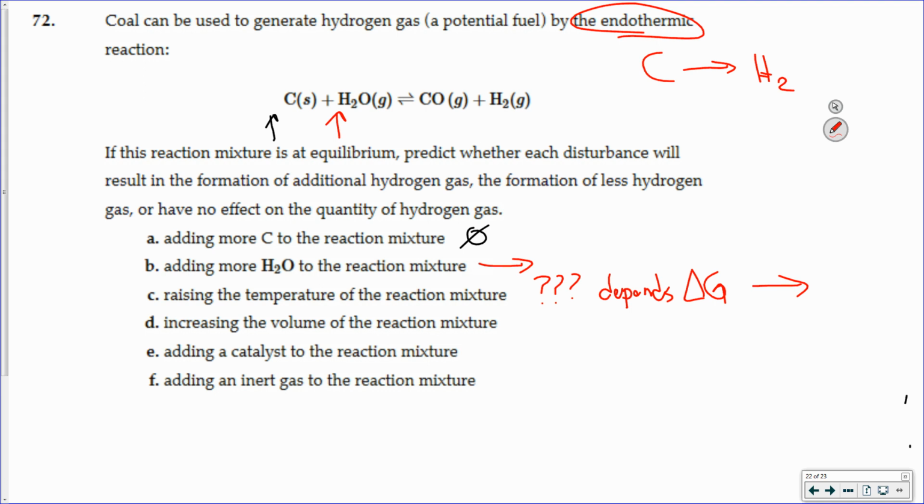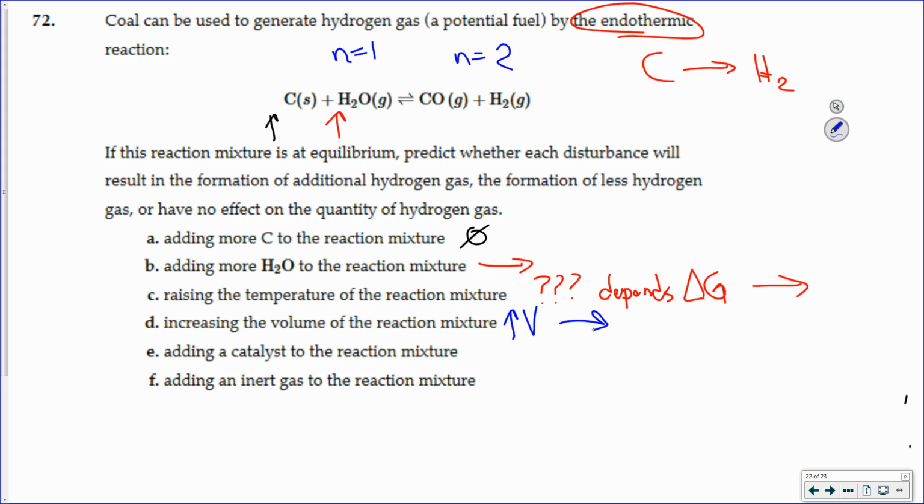I didn't read that. All right, D says increase the volume. So if I increase the volume, which way does it shift? Okay, so it's going to shift to the side with the most moles of gas. I've got 1 mole of gas on the left, 2 on the right.